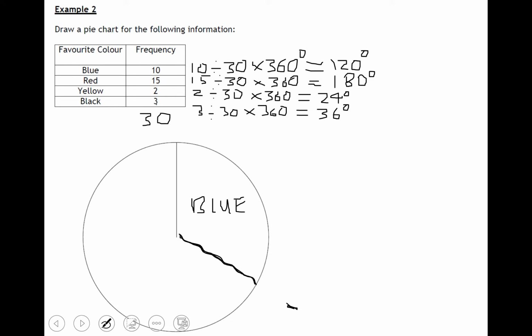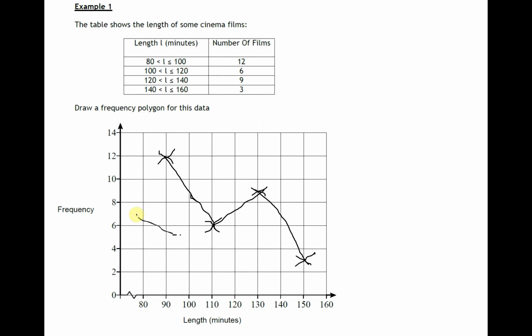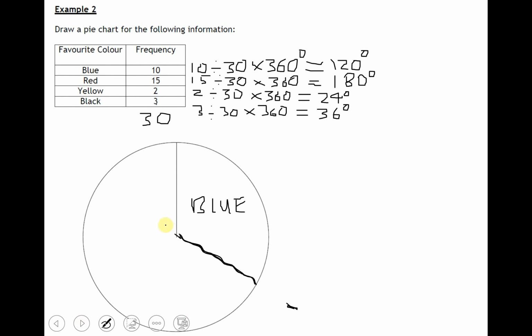The next angle is 180 degrees. So 180 degrees will go straight across. And we label that segment as red. Then the next one is 24 degrees, so put our protractor in the centre again.